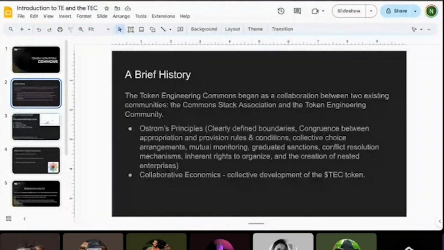It was something that was put to the test, and we at Commons Stack decided to put the first instance of a commons economy together, following what we call Ostrom's principles. If you don't know who Eleanor Ostrom is, she was one of the first women to receive the Nobel Prize in economics, for her work on governing the commons.